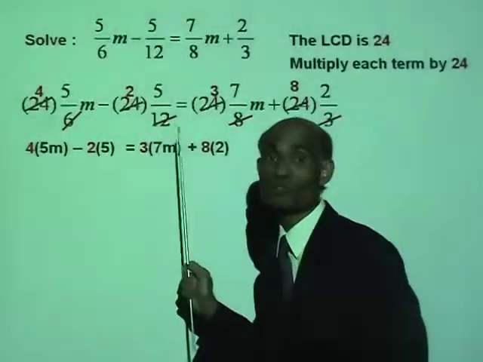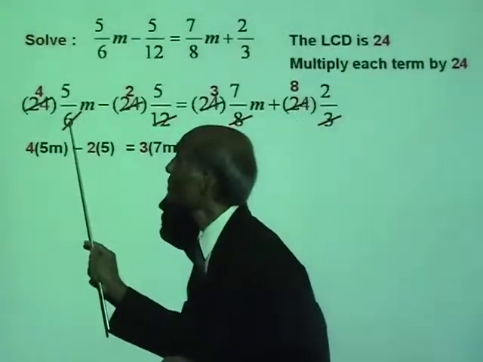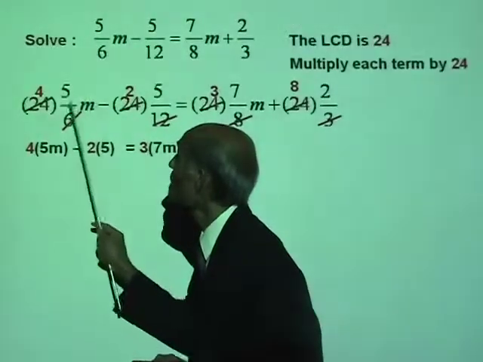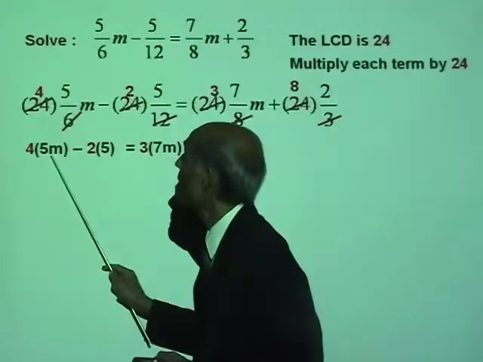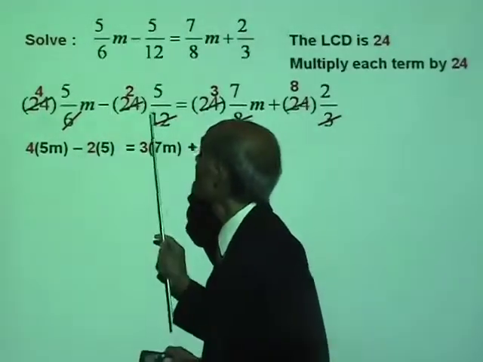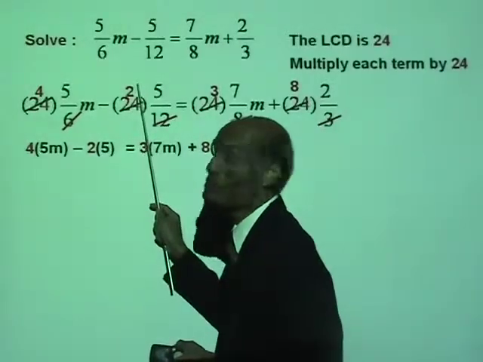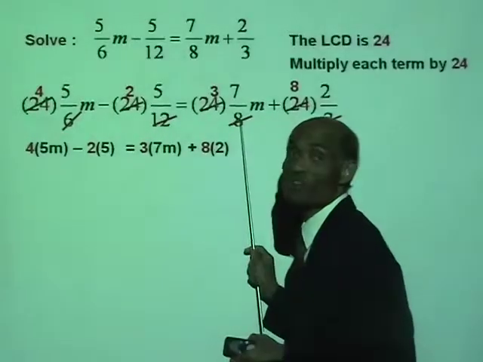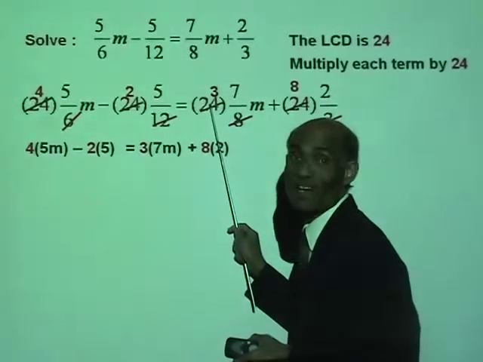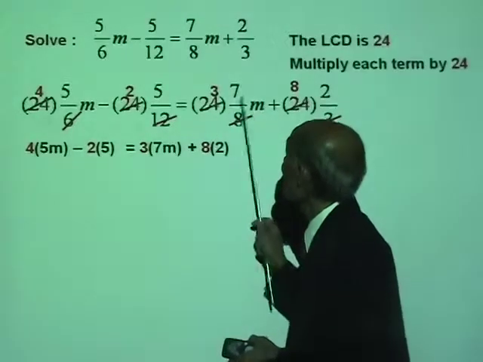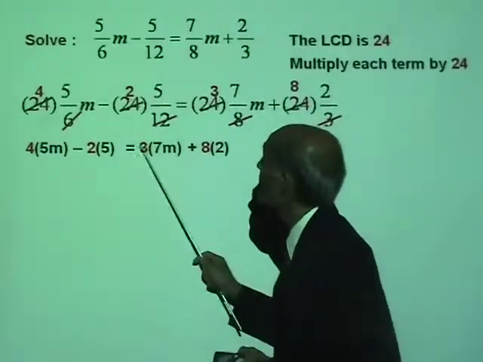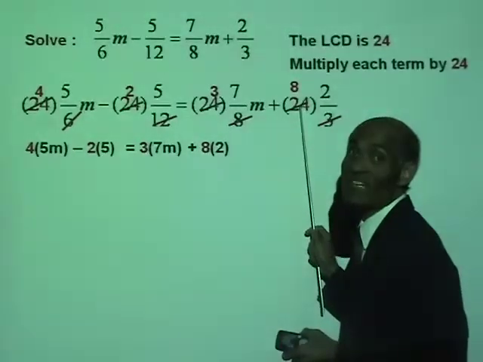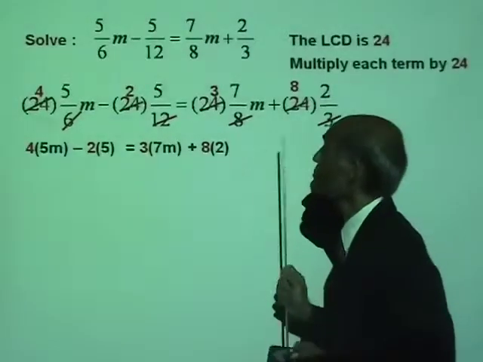I'm going to take you through this one more time. The 6 goes in 24 4 times. That makes the first term 4 times 5m minus, 12 goes in 24 2 times, this is 2 times 5, equal to 8 goes in 24 3 times, so this term is 3 times 7m, plus 3 goes in 24 8 times, this is 8 times 2.